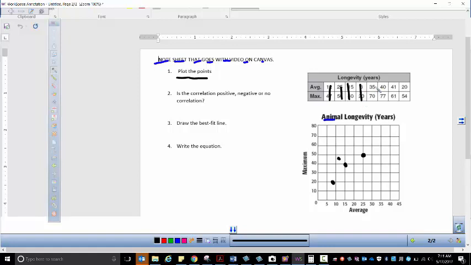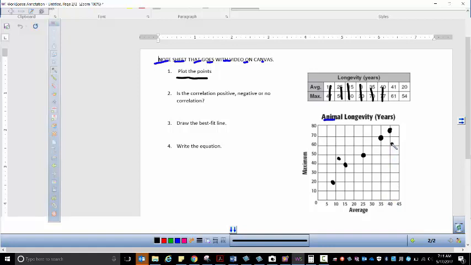And then my next point is 35, 70. And then my next point is 40, 77. So I have to approximate 40, 77. And then I have 41, 61. So I really have to approximate that. 41, 61.